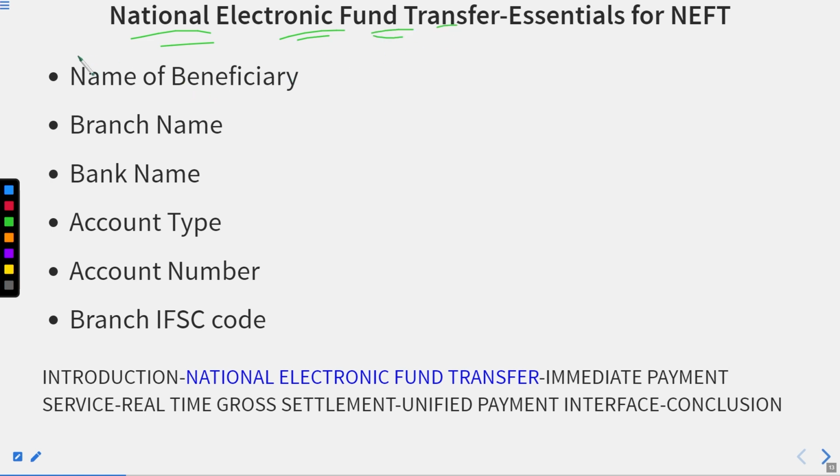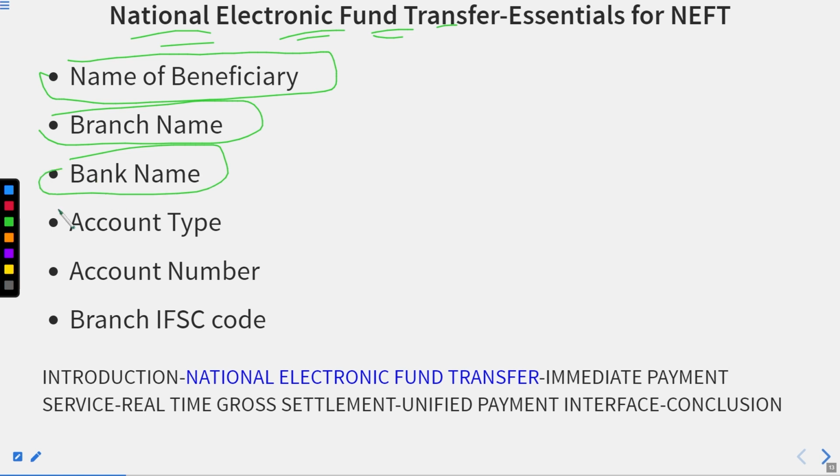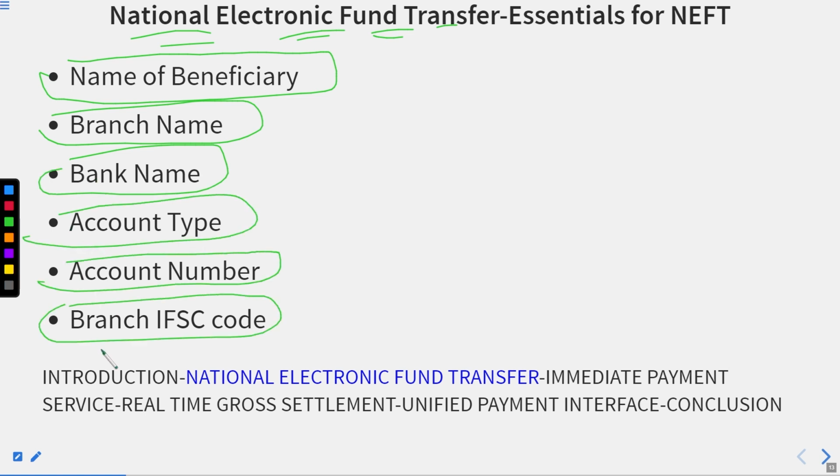These are the essentials we discussed in the National Electronic Fund Transfer in the previous lecture: the name of the beneficiary, branch name, bank name, account type, account number, and branch IFSC code. How many digits does the IFSC code hold? 11 digits, right?